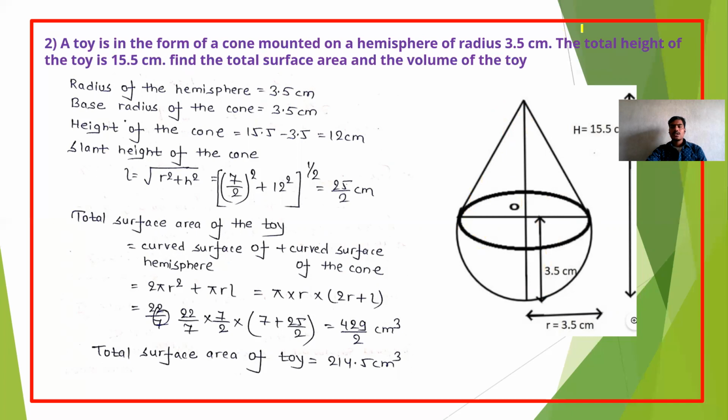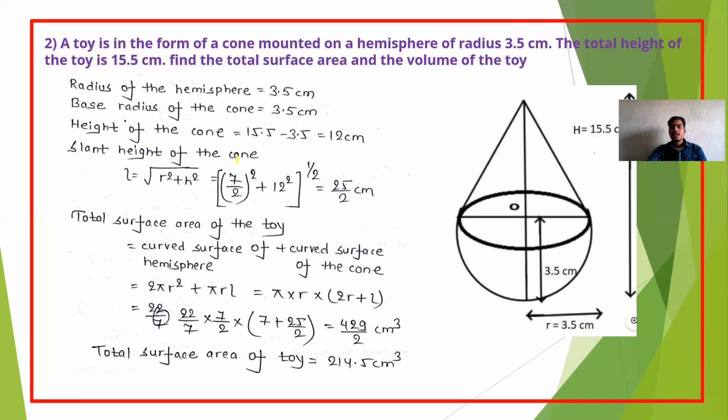So one by one, in the given question, what is given as the radius of the hemisphere? The radius of the hemisphere means from this to this length is 3.5 centimeter. Also, this to this length is 3.5 centimeter. What is the base radius of the cone? It is also 3.5 centimeter, because this base is also the circular base of the cone.